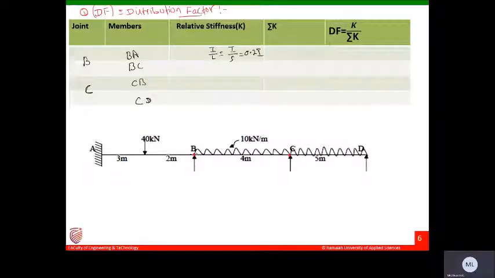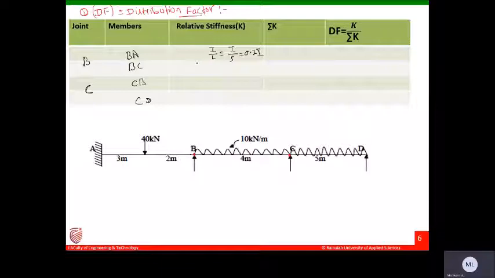Similarly, BC. Now you can check that with respect to intermediate support B, for the BC member the relative stiffness will be... with respect to C, which is the continuous support.